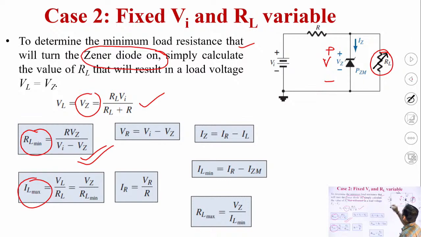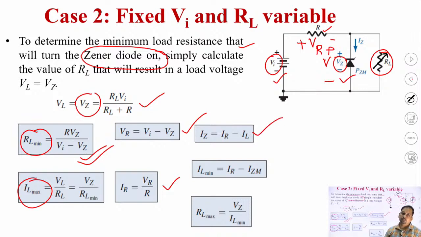Now we can clearly see that we have the relationship VR equals Vi minus Vz. Since Vi is fixed and Vz is fixed, VR is also fixed, so the current IR in the series resistance will also be fixed, a constant value. So I have the equation for the current: Iz equals IR minus IL.